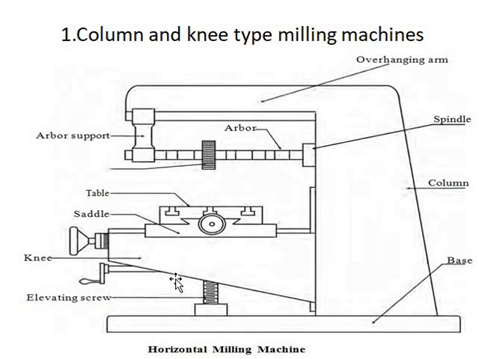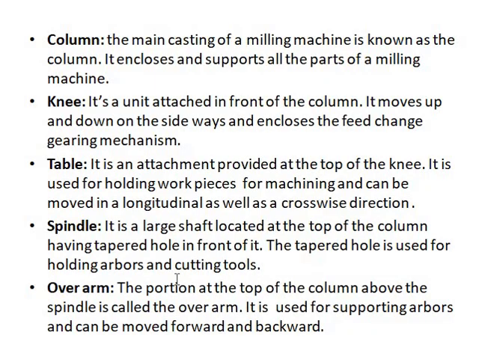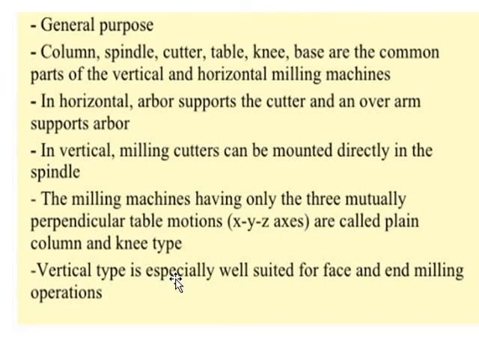And what is the saddle? The saddle is mounted on the knee, and its guideways provide cross movement of the table. In general, column, spindle, cutter, table, knee, and base are the common parts of the vertical and horizontal milling machines.